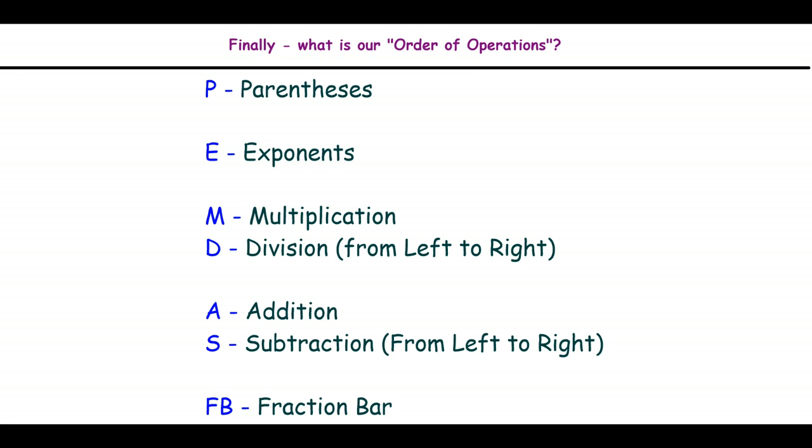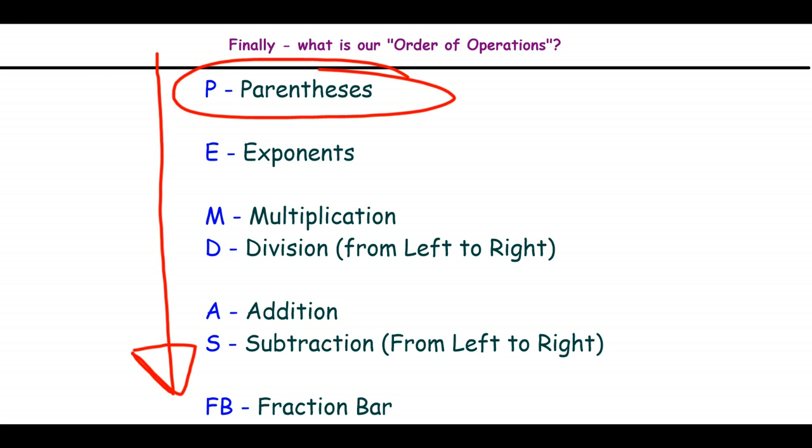Now, I've split this up in this way for a specific reason. First, you're going to go through, and we just follow from top to bottom. First, we're going to go through and solve anything, or evaluate rather, anything that's in parentheses.